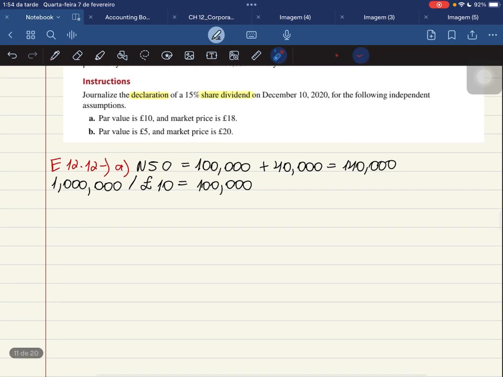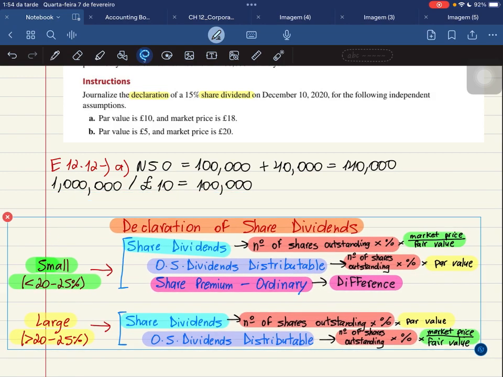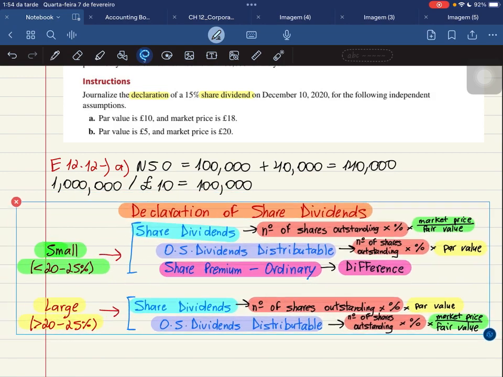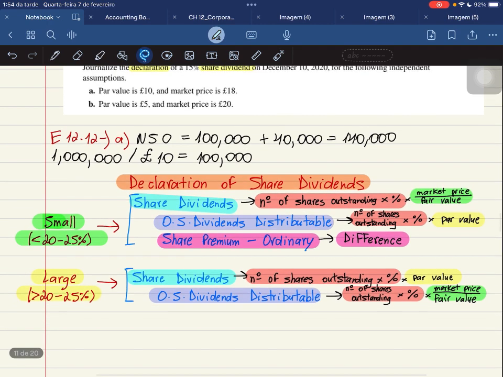Over here, I also have a cheat sheet that I prepared for you. You can take a look over here, and you can use this for your guidance in the future. Every time you have a declaration of share dividends, you have to divide them into small or large. If your dividends are smaller than 20 to 25%, they're small.